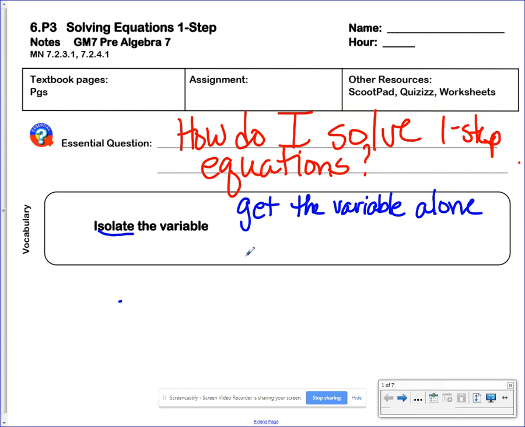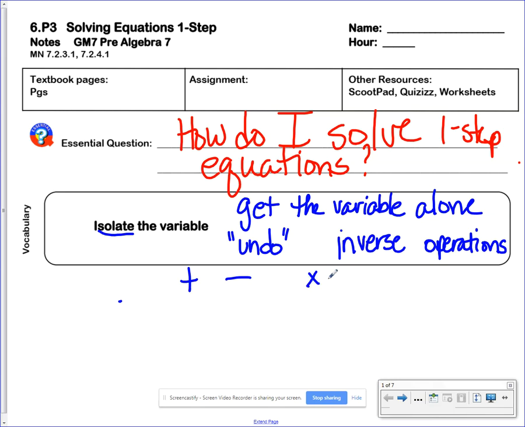How do we go about doing that? Well, you need to undo whatever math operations are happening. In other words, we're going to make use of inverse operations. Now, when you think about the operations that typically go together, adding and subtracting typically go together, and those two would be inverses of each other: add, subtract.